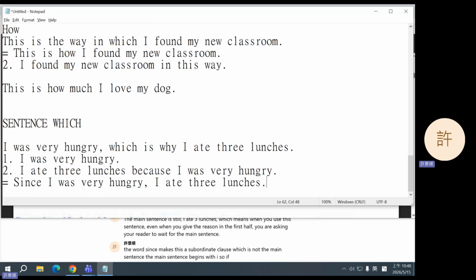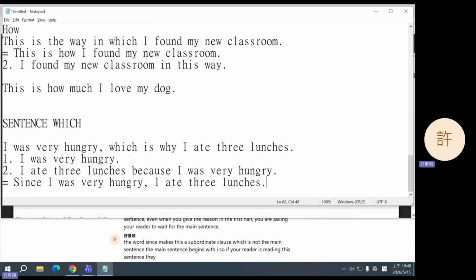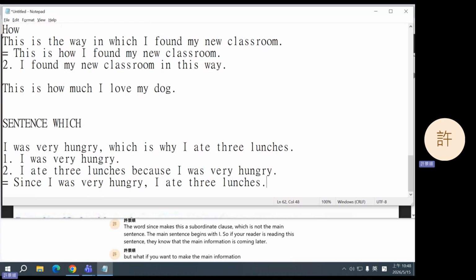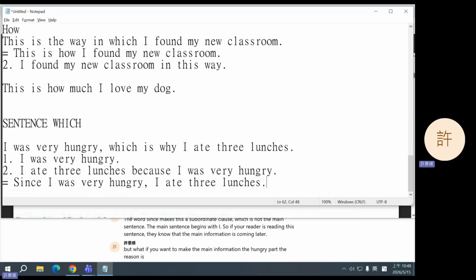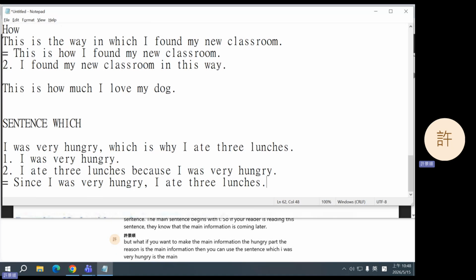So if your reader is reading this sentence, they know that the main information is coming later. But what if you want to make the main information the hungry part? The reason is the main information. Then you can use the sentence "which." "I was very hungry" is the main sentence. And then "which is why I ate 3 lunches" is a relative clause.